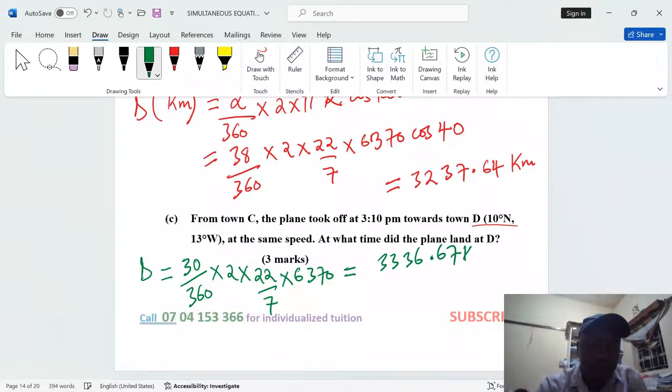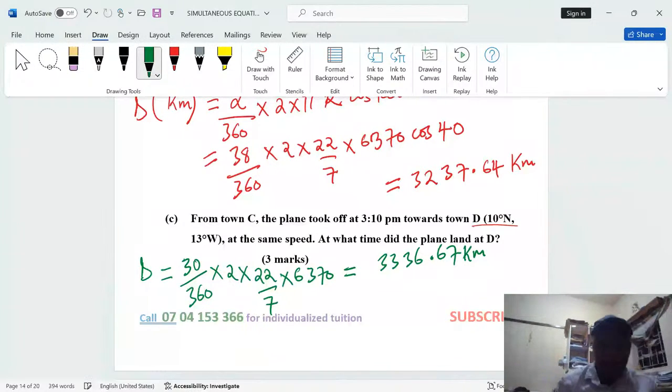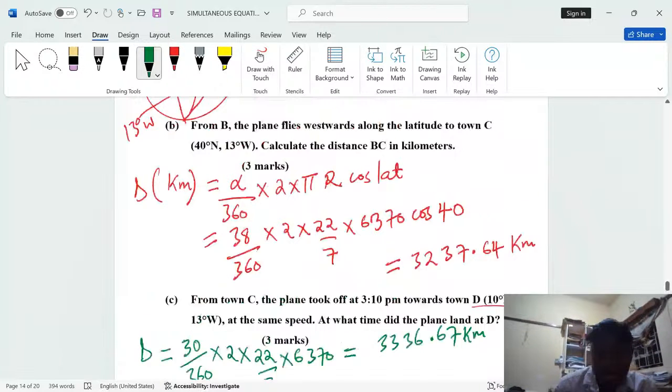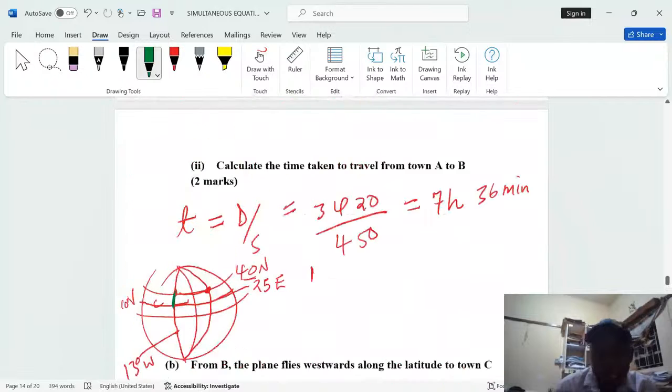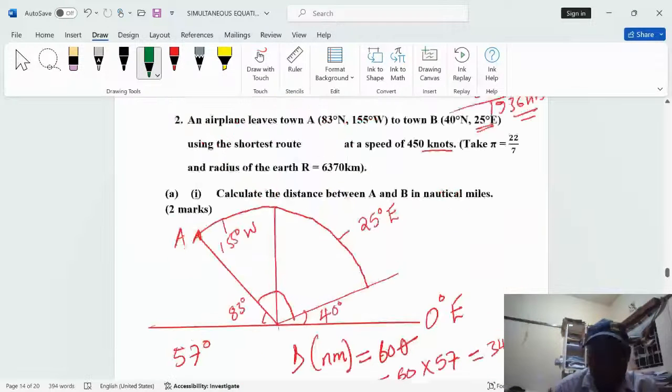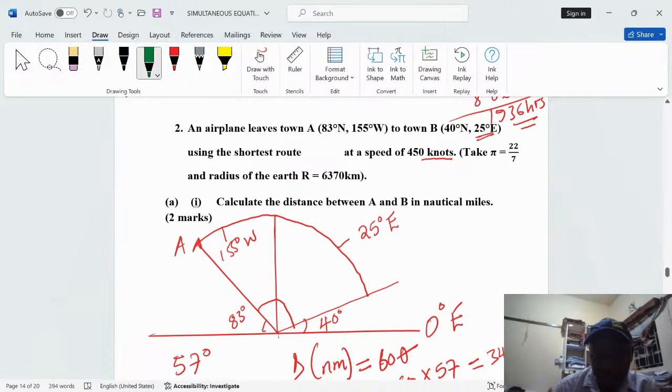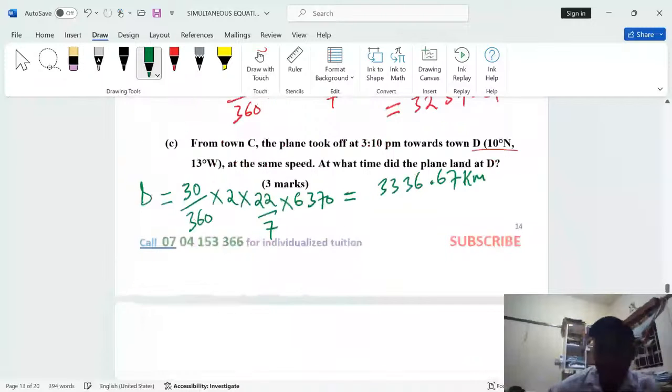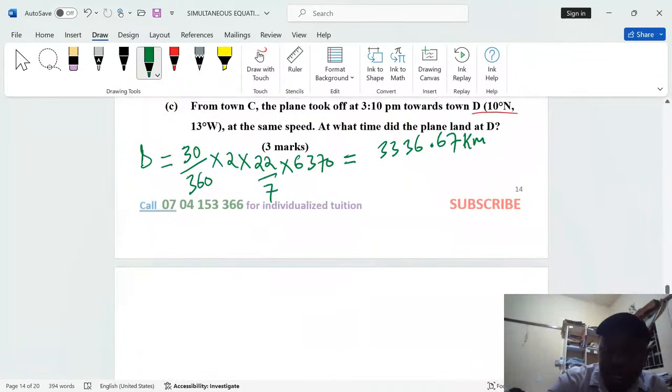This gives us 3336.67 kilometers. But again, there is something we are supposed to discover: the speed which was provided is in nautical miles per hour, in knots, so we are required to calculate the distance along the great circle in nautical miles. So the same distance in nautical miles will be 60 times beta, the angle difference of 30.